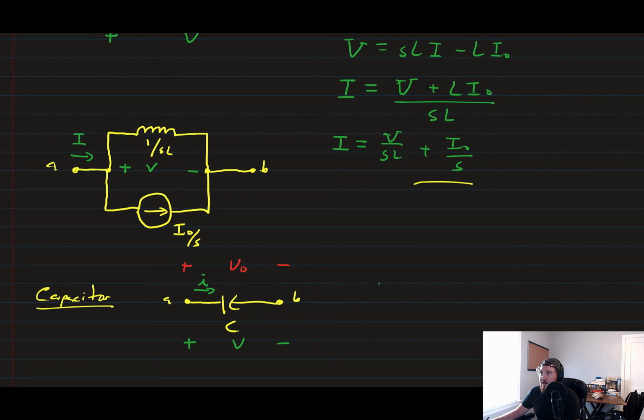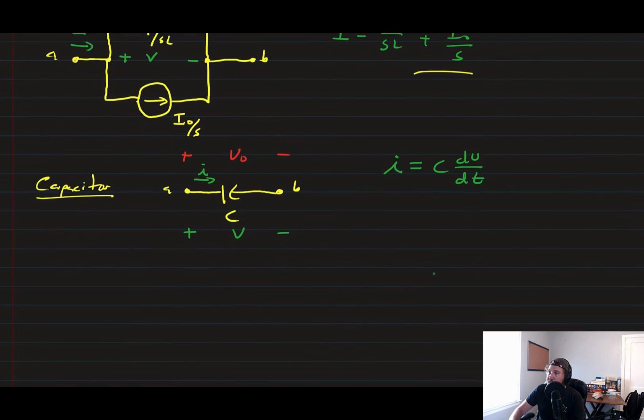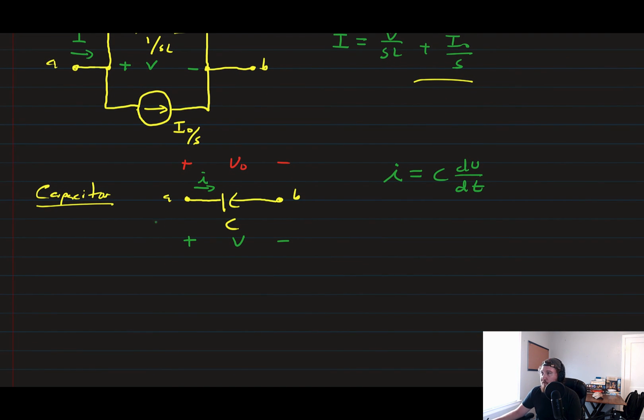So now we go ahead and write out our expression for, this time, current in a capacitor, not in an inductor. I is equal to C times the change in voltage with respect to time, C dV/dt. So we're going to get an expression that's sort of flipped over from the one that we had for the inductor. We'll get that our big S domain, capital I, is equal to C times S times V minus V naught.